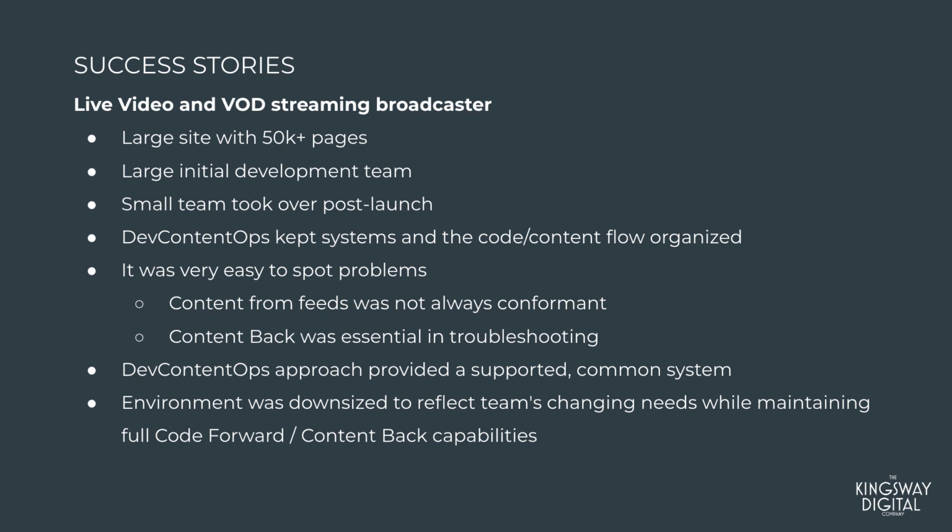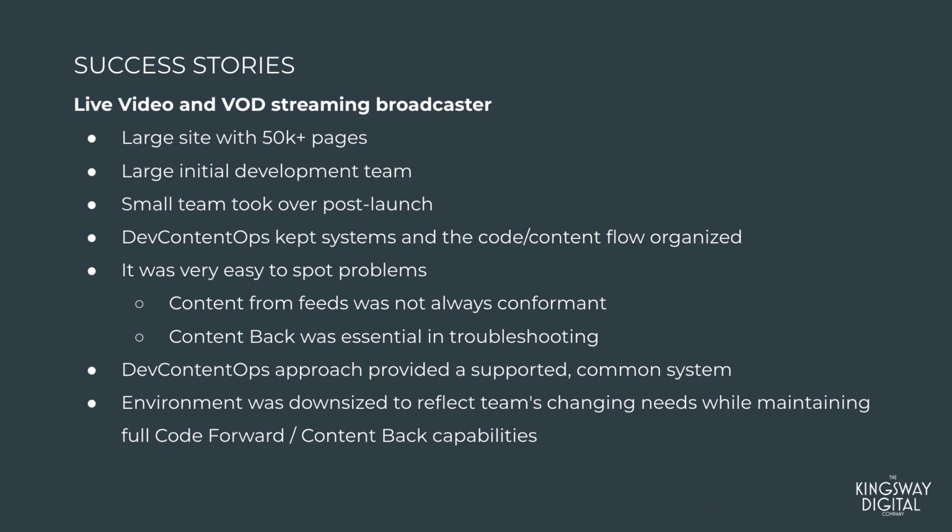So I wanted to talk about a couple of examples of this in action that I think will make a lot of sense. The first is a large video and video-on-demand streaming broadcasting organization with over 50,000 pages and content instances. The site was developed with a very large initial development team, and it was taken over by a small team after launch.